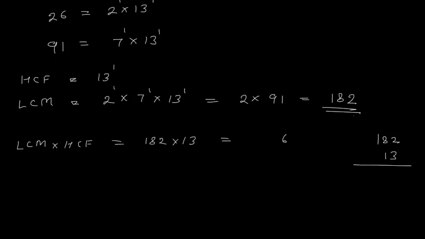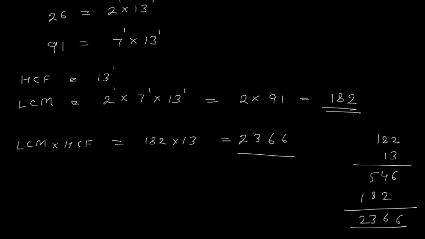If you know the table of 13 well and good, otherwise 3 2s are 6, 3 8s are 24, 3 1s are 3 plus 2 is 5, then 1 2 is 2, 1 8 is 8, 1 1 is 1. This is 6, this is 6, this is 3, and this is 2. 2366. So 2366 is your LCM into HCF.